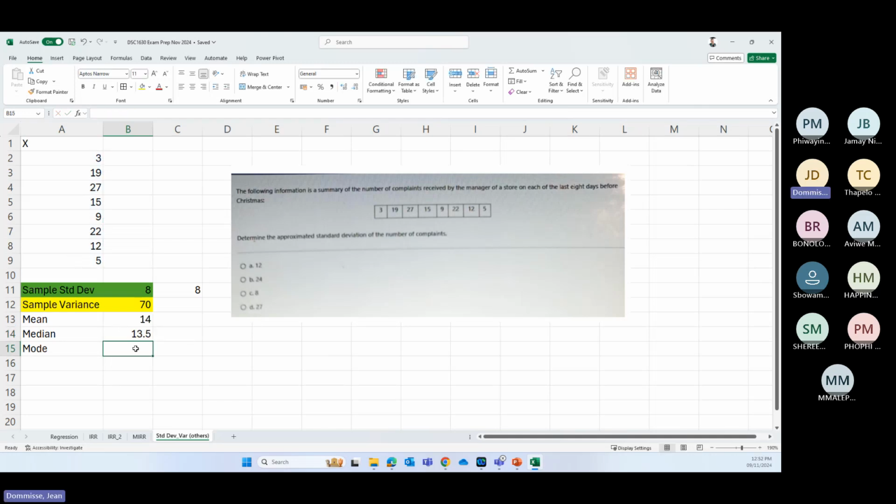And then the mode, and in this one, there is probably not a mode because there's nothing that is repeated. Okay, so that is just a few extra things that you might be able to use this for.